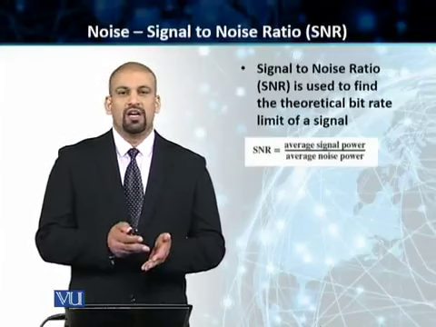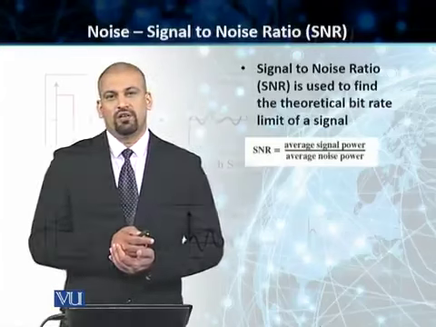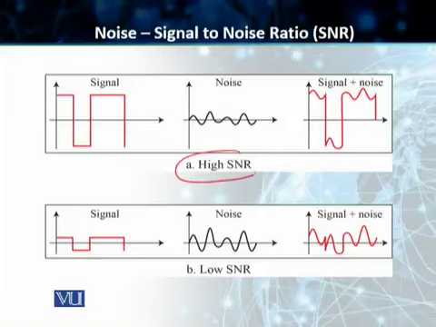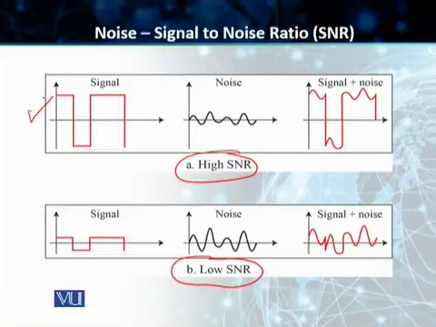Once again, let's go to the slide and discuss these in further detail. Students, as you can see, we have got two cases. One in which we have got a high signal to noise ratio, the top one. And then there is a second one where we have got the low signal to noise ratio. As you can see, the amplitude of the input signal in the first case is higher than the amplitude of the second one.